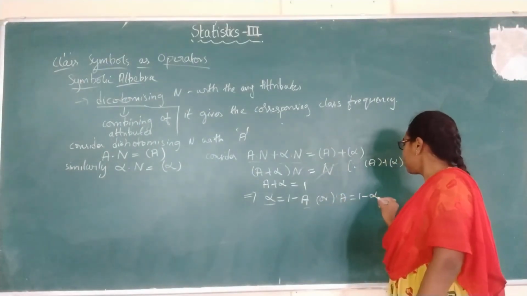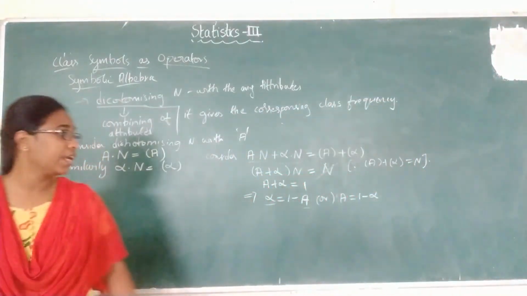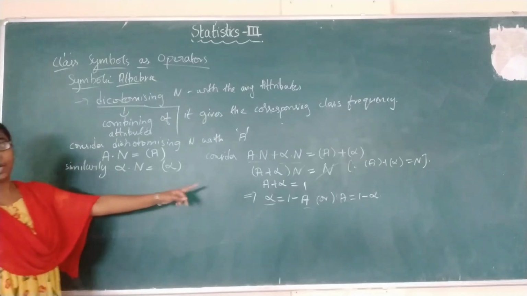You can write either alpha equals 1 minus A, or A equals 1 minus alpha. This is called the symbolic expression, and it is used to express the negative classes in terms of positive classes. Here I took only one attribute.